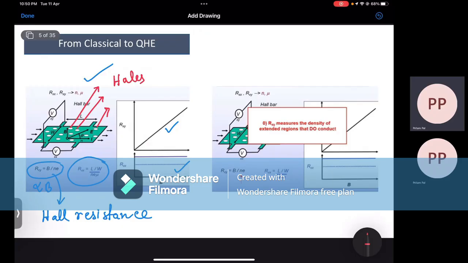If we remove some portions from the conductor, this region is completely isolated, and it doesn't contain any physical states in which an electron can be accommodated. So that's why those regions will not conduct, right?